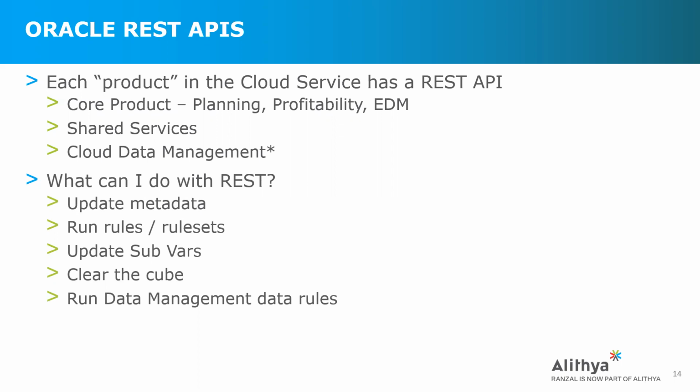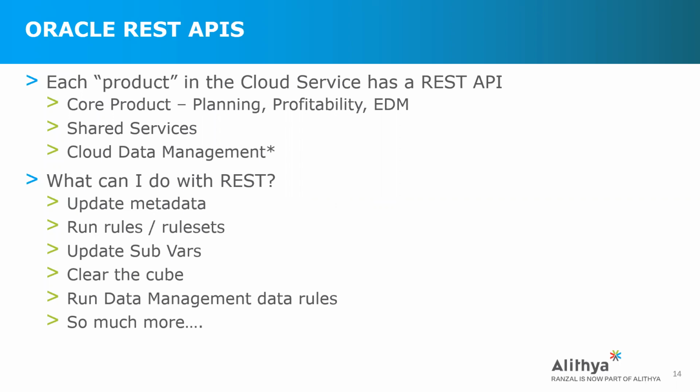So what are some of the things that I can do with REST in the Oracle Cloud? Well, I can update metadata. I can run business rules or rule sets. I can update substitution variables. I can clear the cube. I can run data management data load rules, and so much more. That sounds cliche, but it's true. The REST API is the power behind EPM Automate.